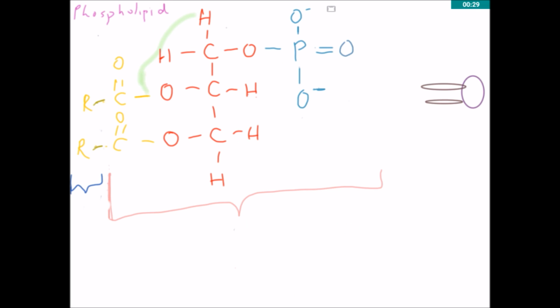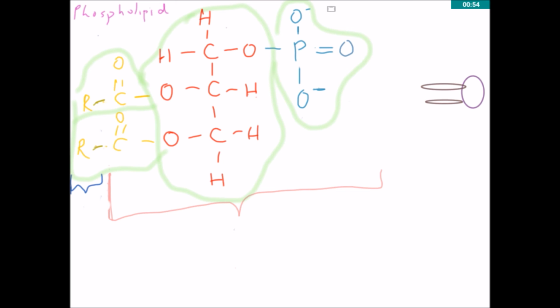This is the glycerol molecule, which I've written in red, and the yellow bit shows you the part of the fatty acid molecules. There are 2 fatty acid molecules, and then instead of the third fatty acid molecule, this molecule has a phosphate group.